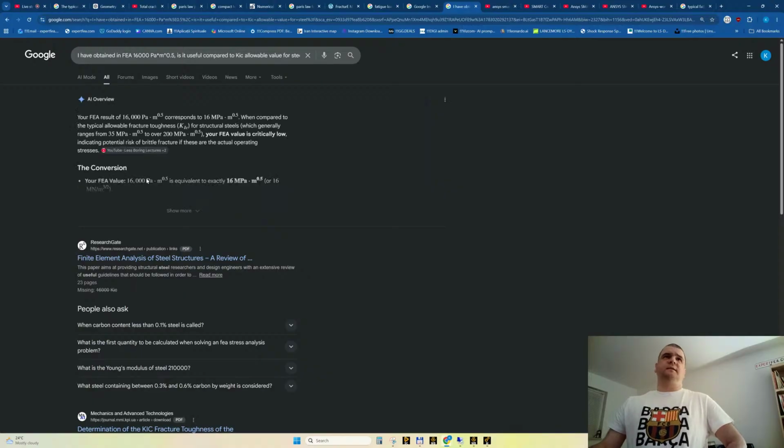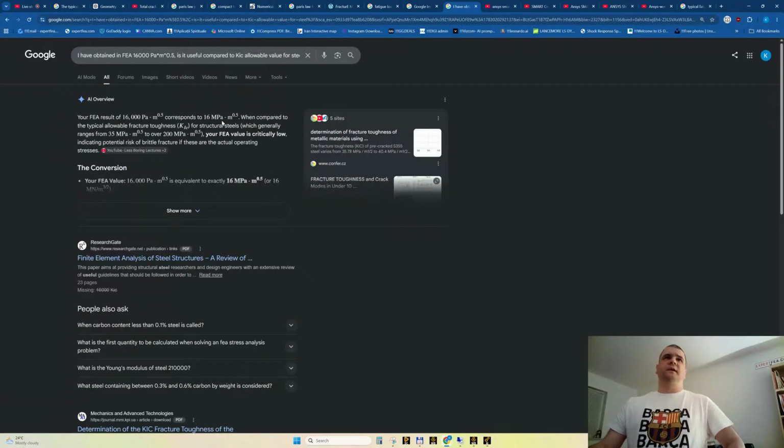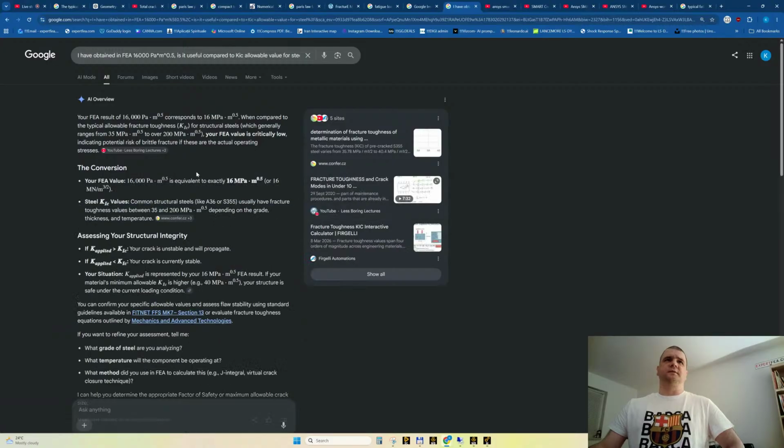And now it will say that is better. Your FEA 60 megapascals when compared to the typical allowable fracture toughness is in the range, is critically low, indicating potential risk of brittle fracture if these are the actual operating stresses.